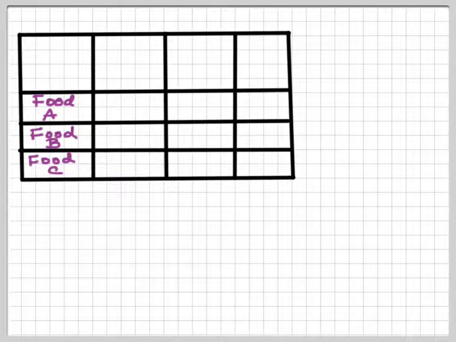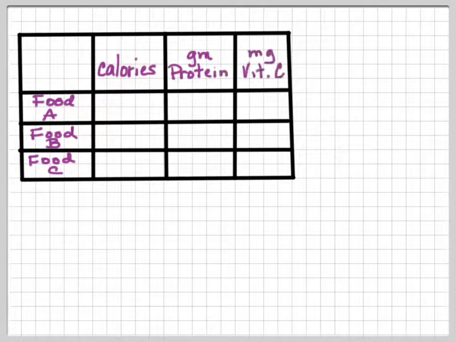Now we want to do more of an application problem, and here we have a little chart that talks about food A, food B, food C. We don't know what those are, but there's something. And we want to talk about the calories, the grams of protein, and the milligrams of vitamin C that are in them. For food A we have 40 calories, food B we have 200 calories, food C we have 400 calories.